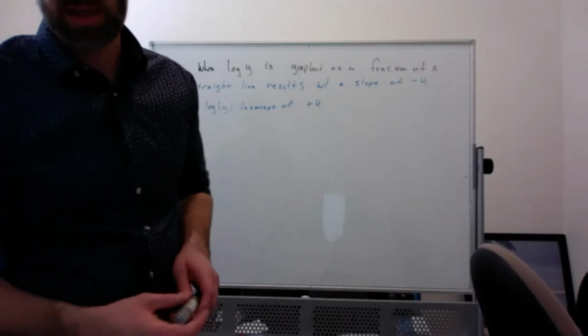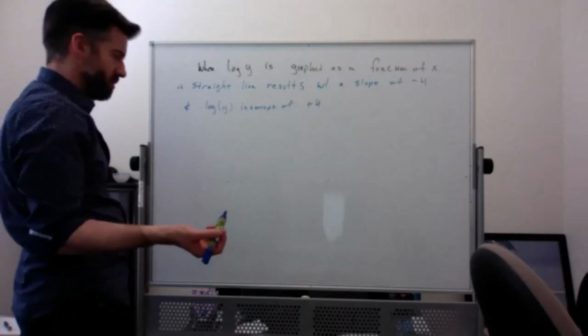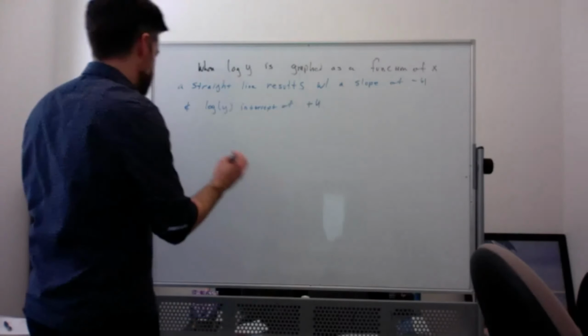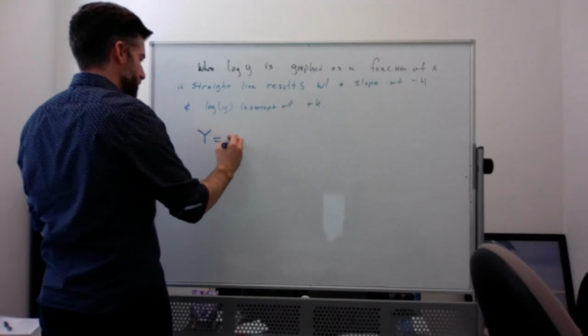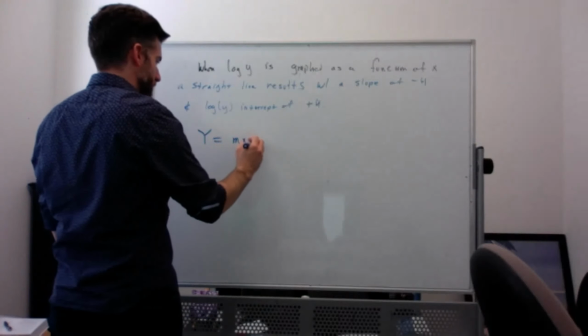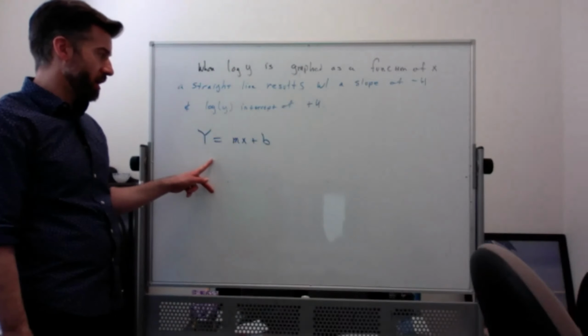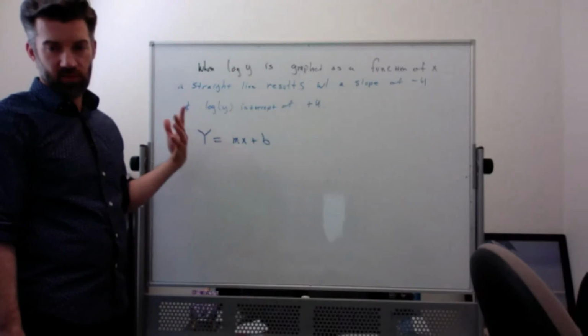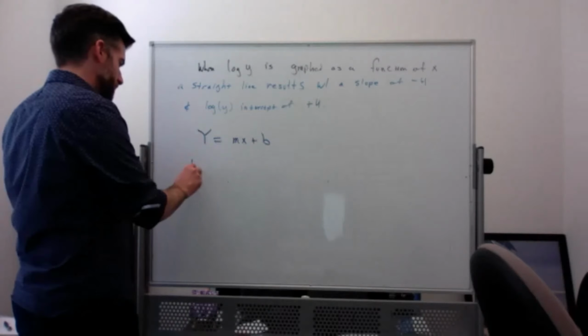Well, here's what we're saying. We've got some straight line equation. So if I write it like this, y equal to mx plus b, I'm using a capital Y in the place of log of y and a lowercase x for regular x. But you can also write it like this, right?